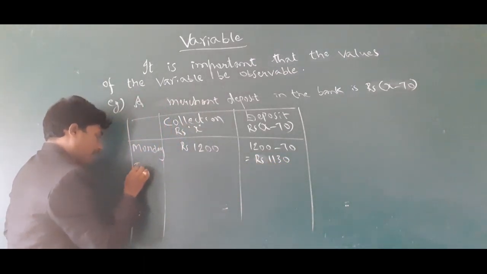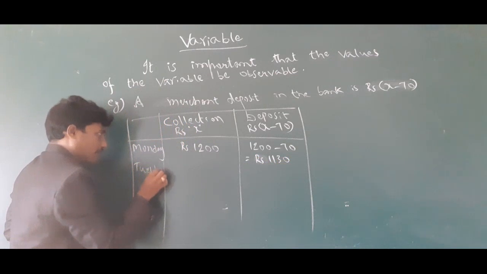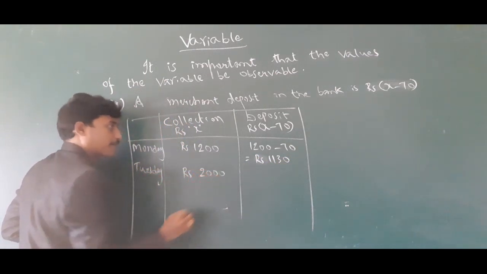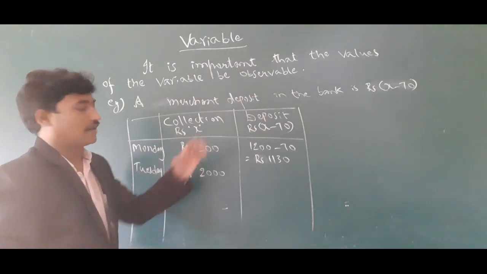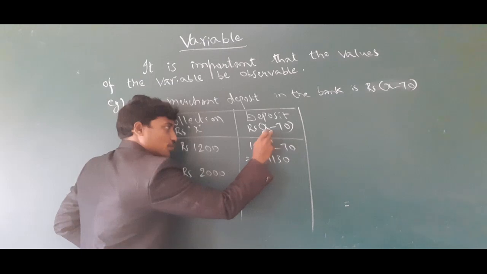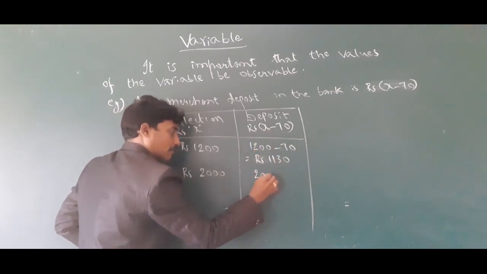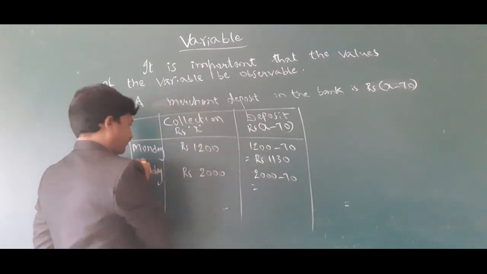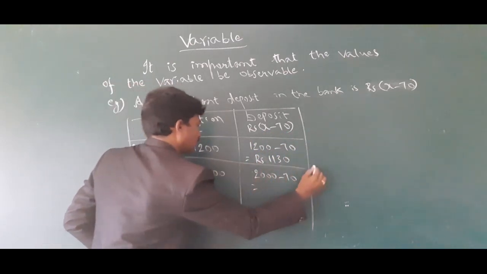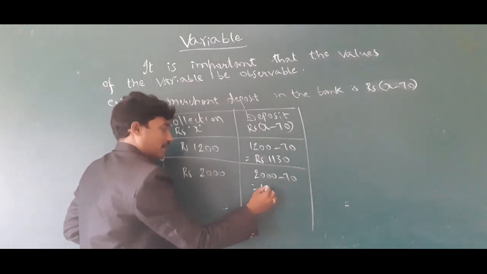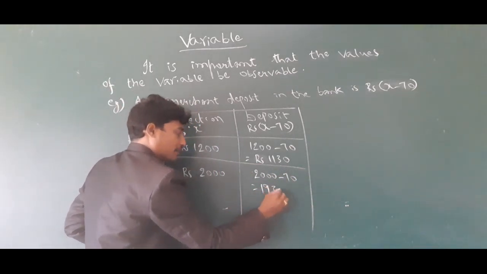On Tuesday, his collection is 2000 rupees. Then the deposit in the bank is x value 2000 minus 70, that is 2000 minus 70, 1930 rupees.